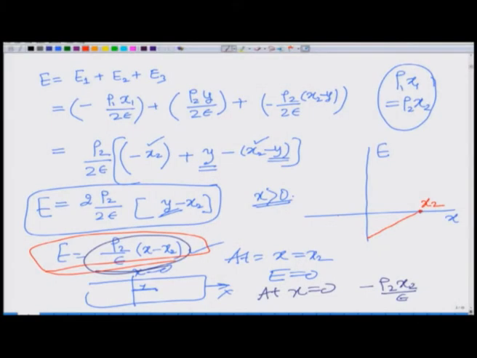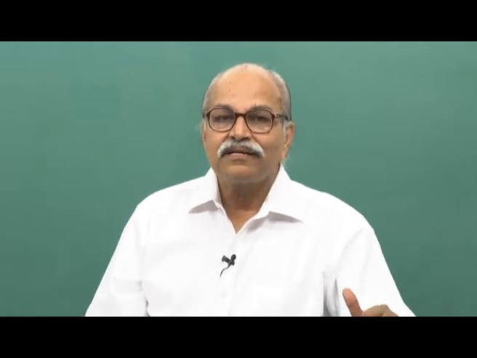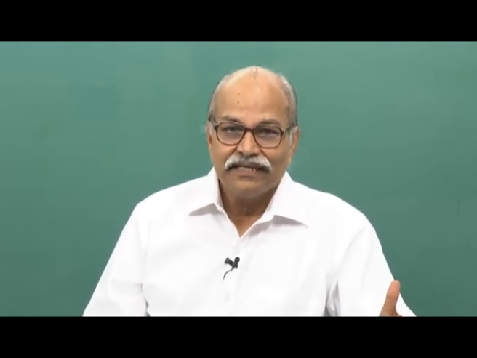So, at x equal to x1, the field must be 0, and then it should be linear in that region, and therefore, it should be like this. From the left side, you should get minus rho 1 times x1 over epsilon if the same algebra is done, but then rho 1 x1 is the same as rho 2 x2. So, you get this. So, the electric field is linear in the depletion region, right of the junction and left of the junction, they are linear.